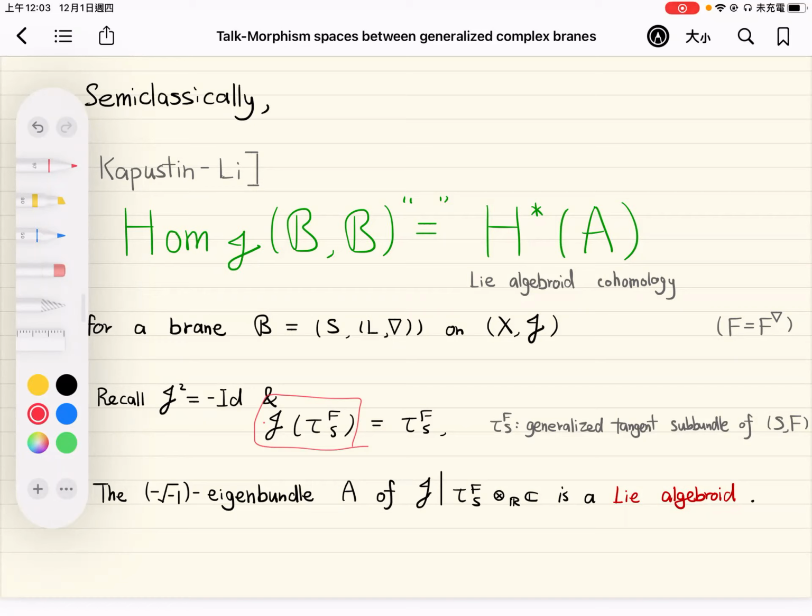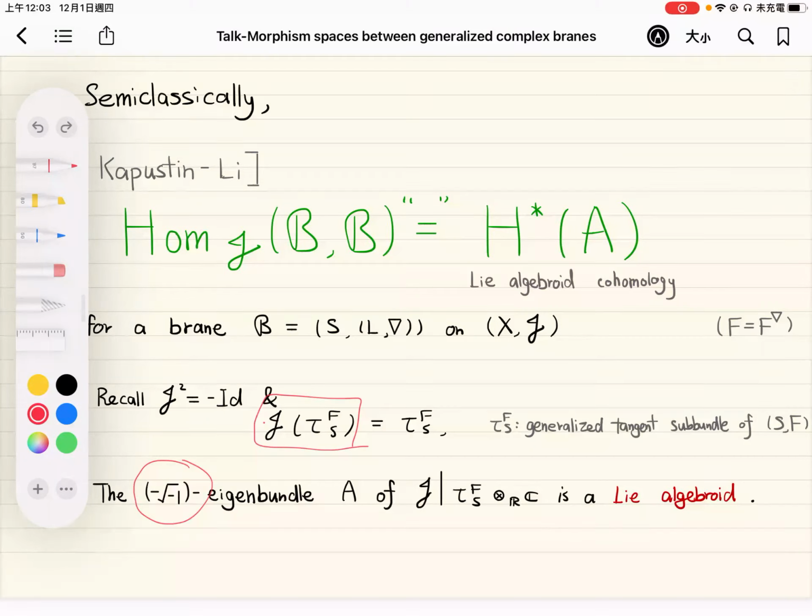So if you take the eigenbundle with respect to the eigenvalue minus i, then this is a Lie algebra A. Then the work says that the semi-classical Hom for the pair of identical branes is equal to the Lie algebra cohomology for this Lie algebra.